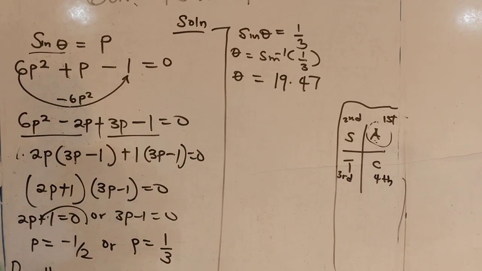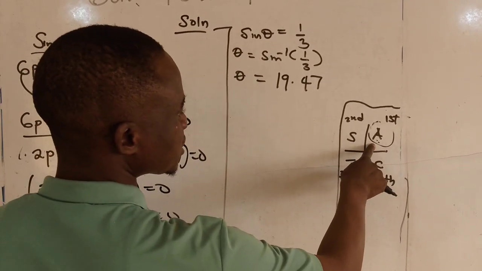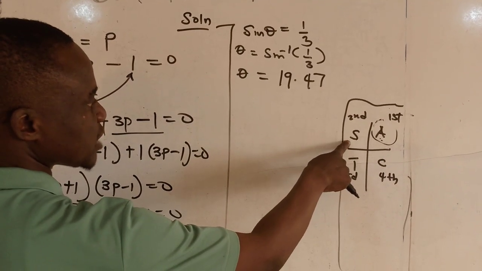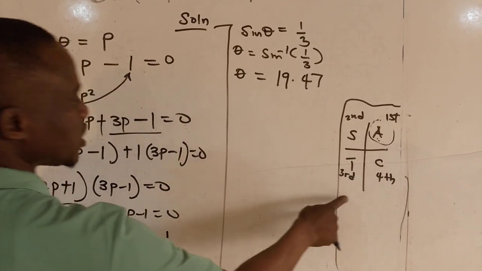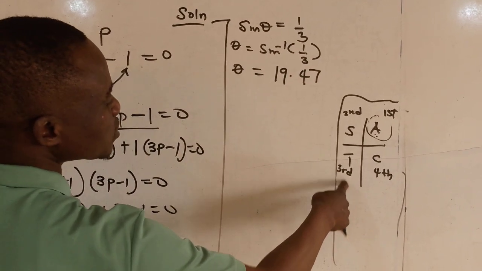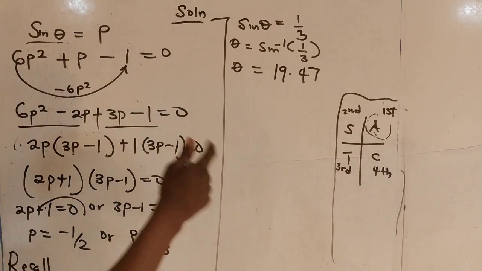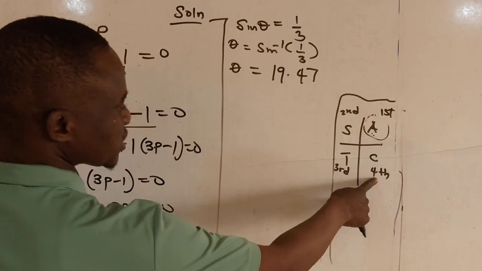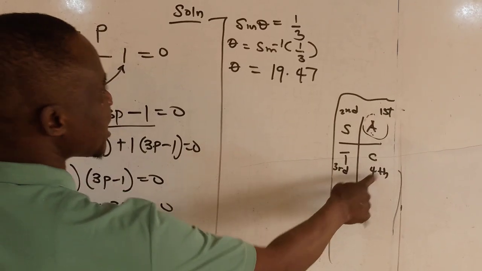In the first quadrant, the angle is theta. In the second quadrant, it is 180 minus theta. In the third quadrant, it is 180 plus theta. In the fourth quadrant, it is 360 minus theta.